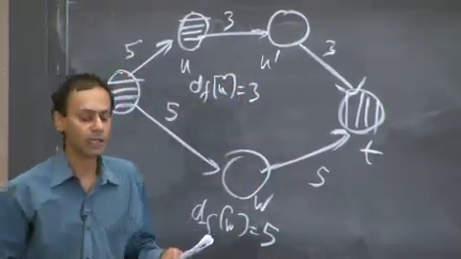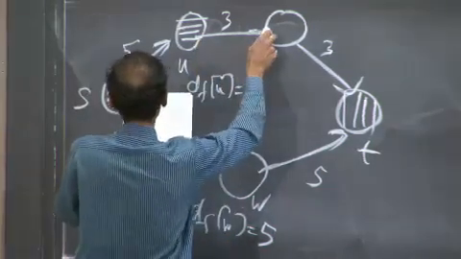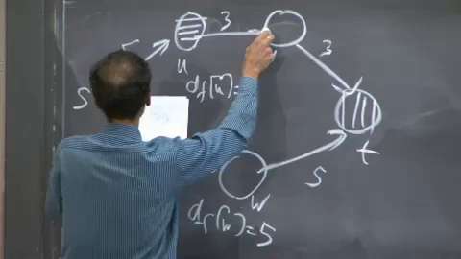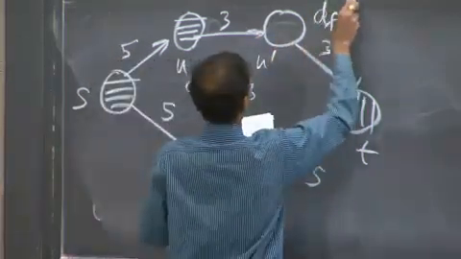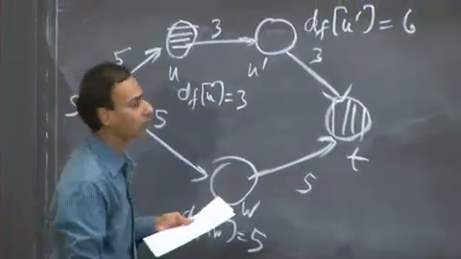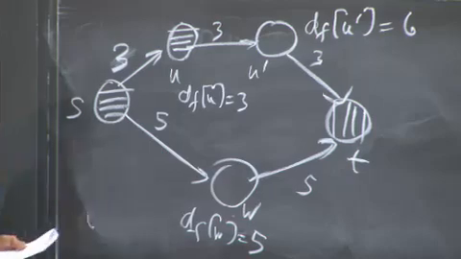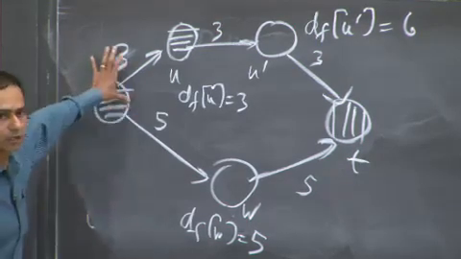So extract min is obviously going to pick U, and it's going to process this edge now after extract min. And I'm going to have dF of U prime equals 6. Oh, there's 3 over there. Thanks. Good. So far, so good?